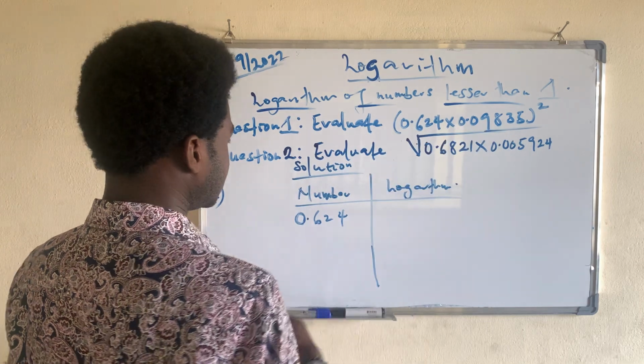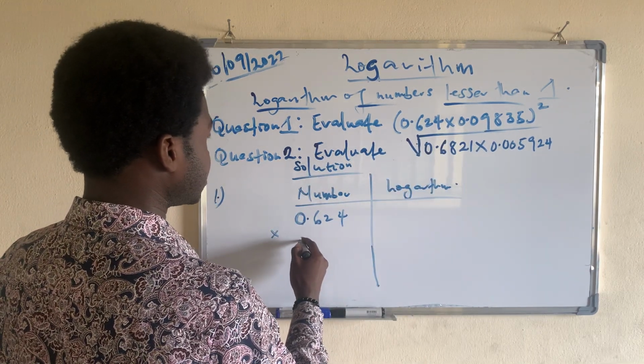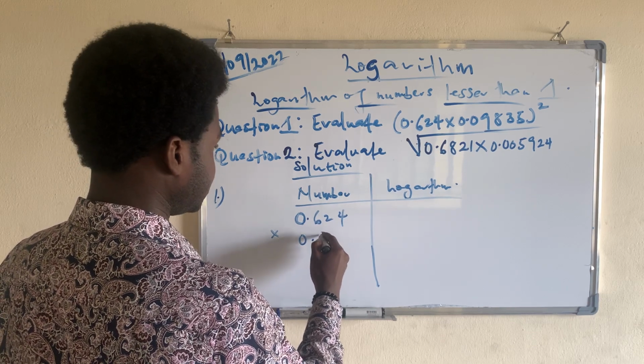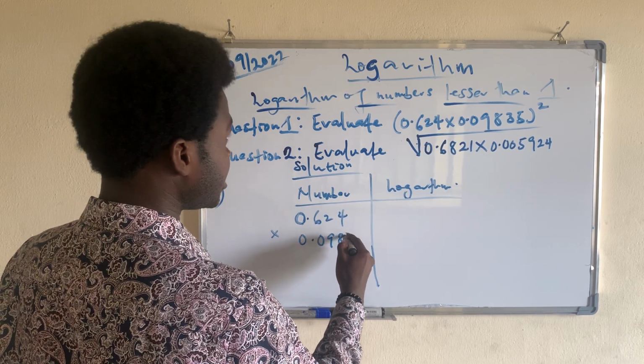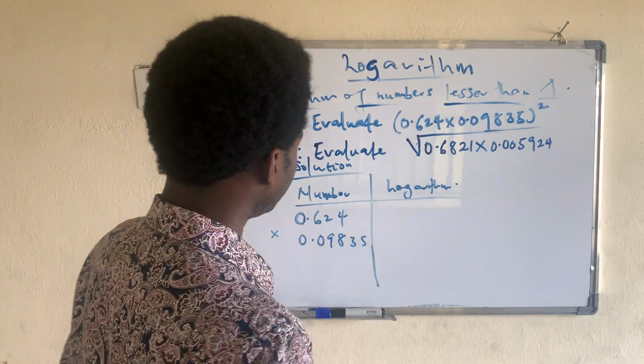Also, I will write out this number we are multiplying by: 0.09835. Very good. So we start this way.